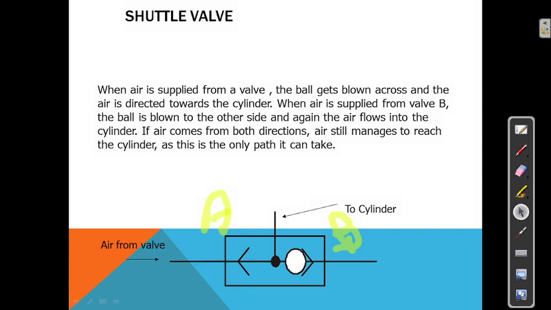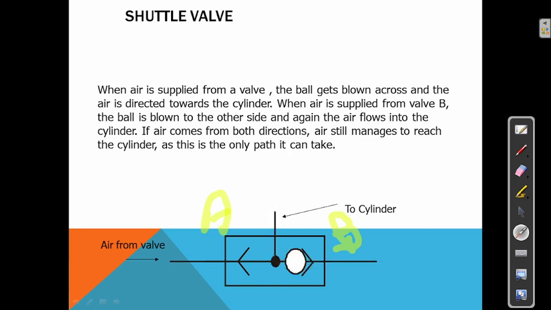So when the air is supplied from valve B, the ball is blown to the other side. If the air is coming here, then this ball will be blown to the other side, and again the air flows into the cylinder. If the air comes from both directions, what will happen? If the air is coming from valve B, then this ball will be blown here and the air moves up here.